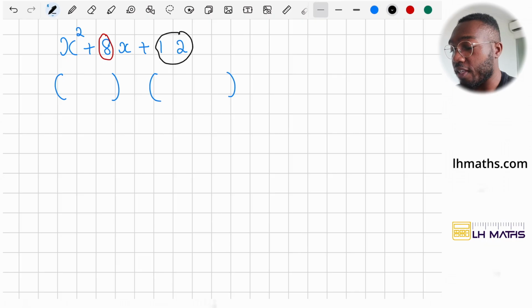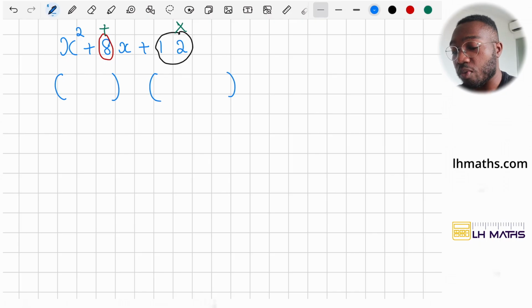Effectively, you want to plus and times. If you just go through it in your head, the two numbers which sum to make 8 and multiply to make 12 are 6 and 2.